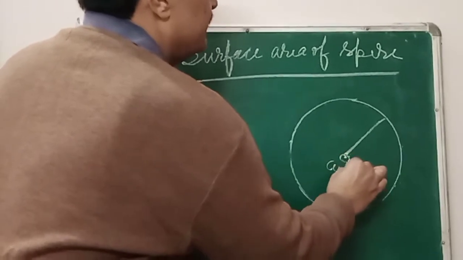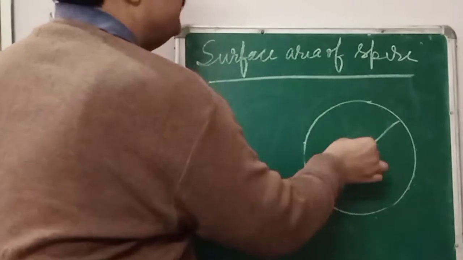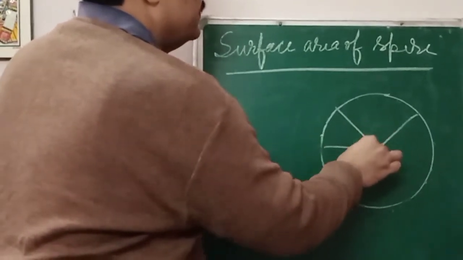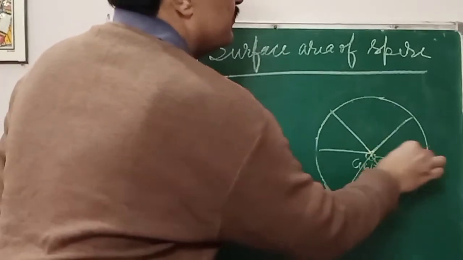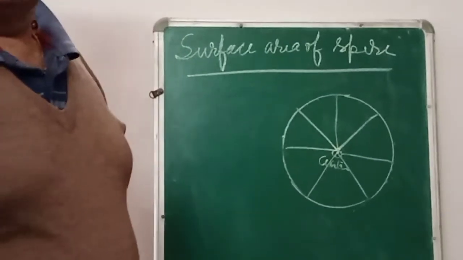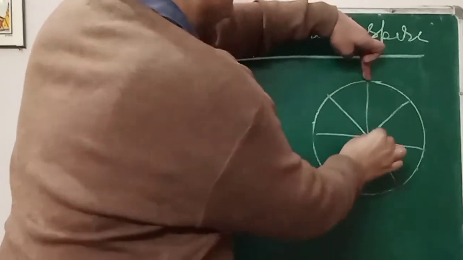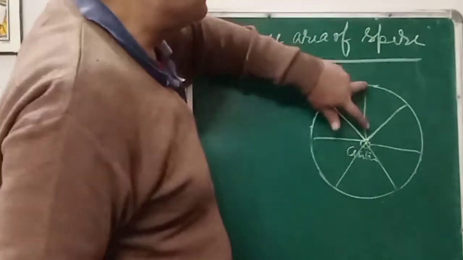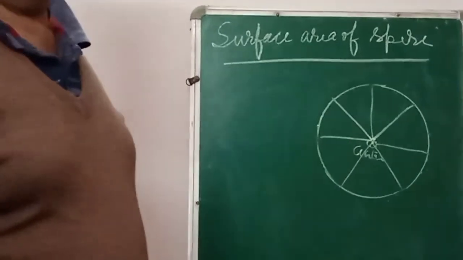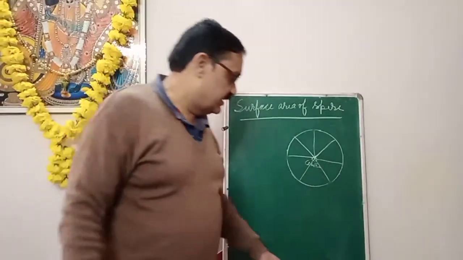So any point on the circle is equidistant from this point, and we make a circle like this.